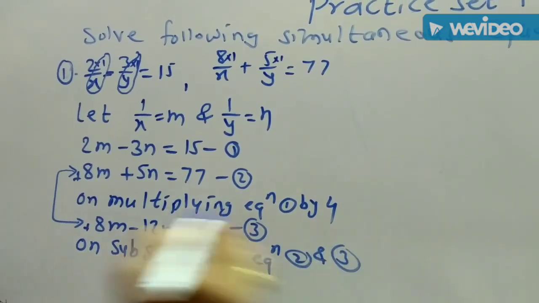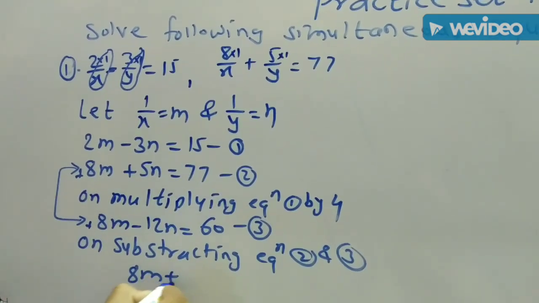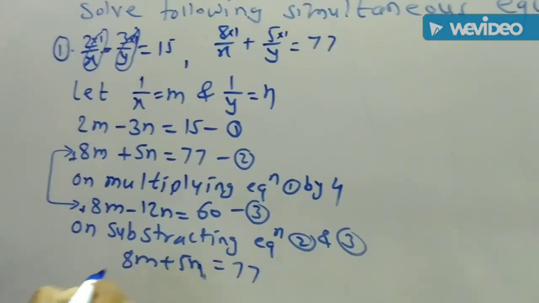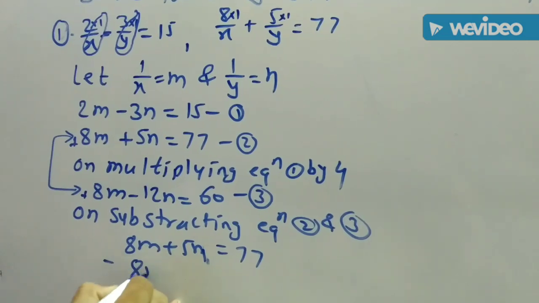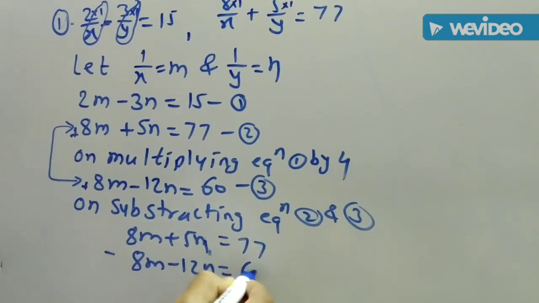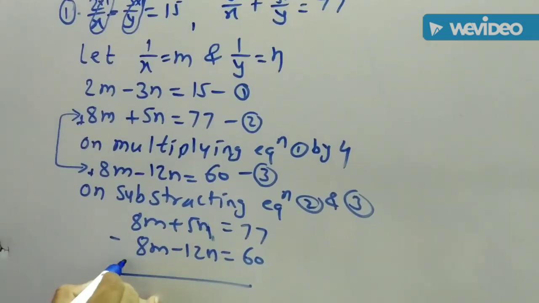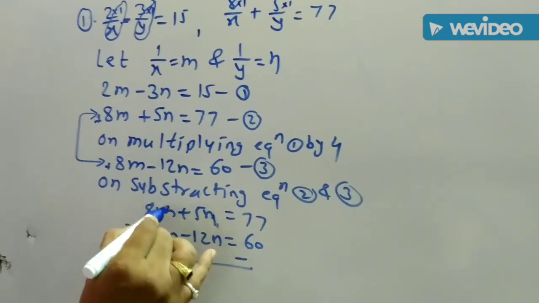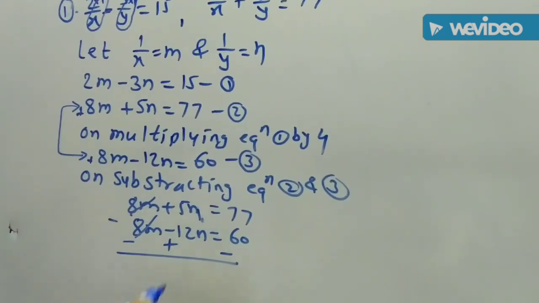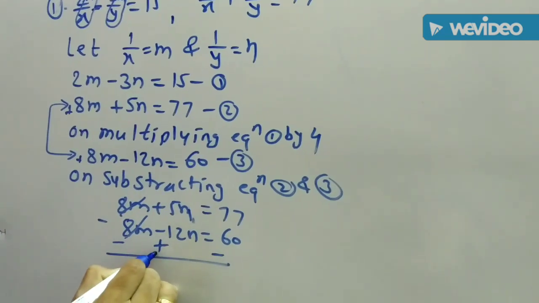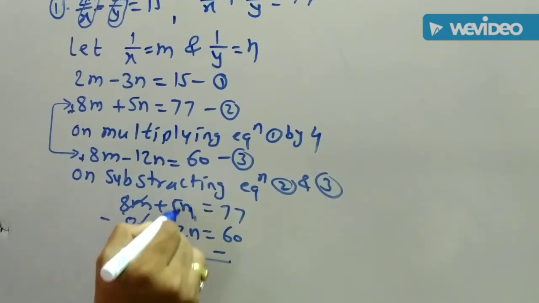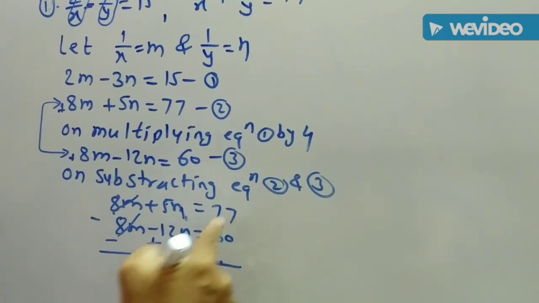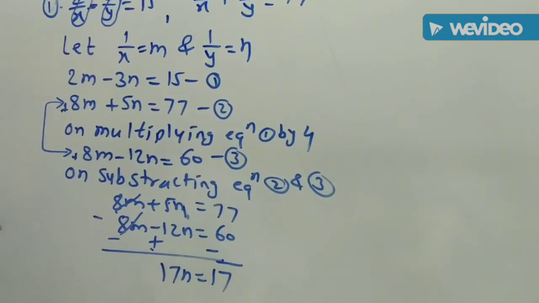On subtracting equation 3 from equation 2, we get 8m plus 5n is equal to 77 minus 8m minus 12n is equal to 60. Now plus gets converted to minus, minus gets plus. This 8m minus 8m gets cancelled. 5n plus 12n, that is 17n. 77 minus 60, that is 17.